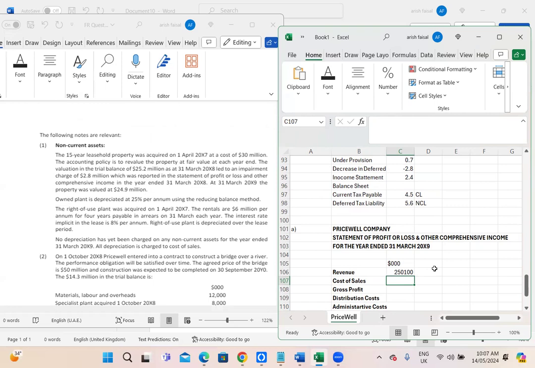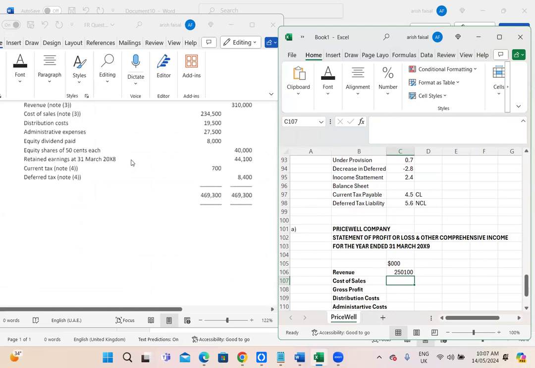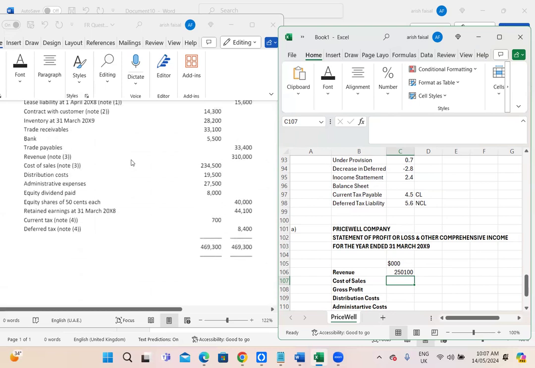Moving further, sorry, the revenue is not, sorry, that was cost of sale. So the revenue over here is basically 310,000. Yeah, sorry.